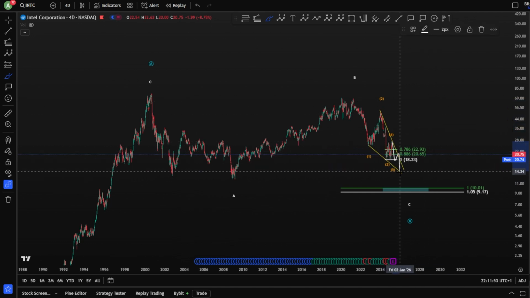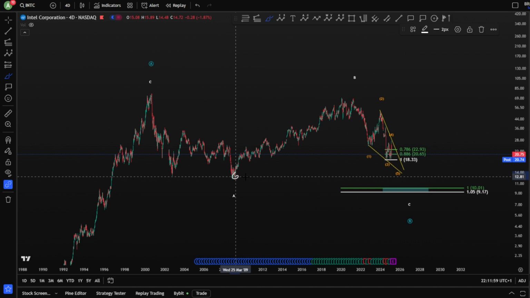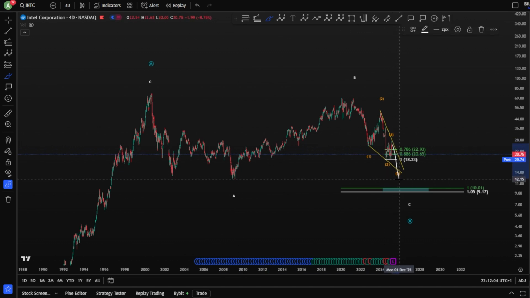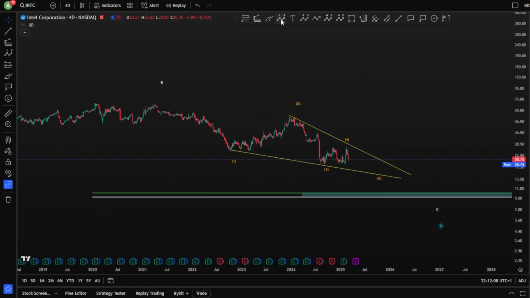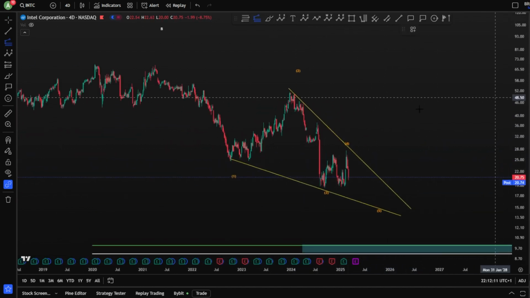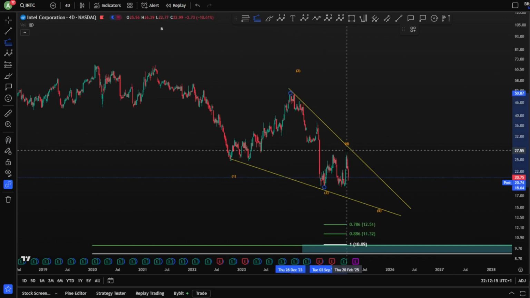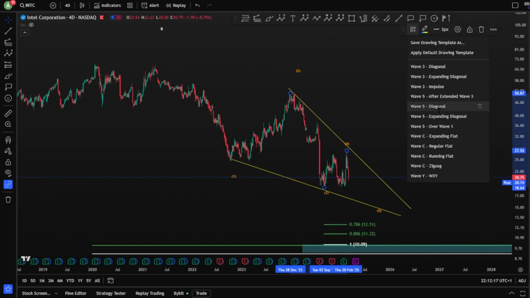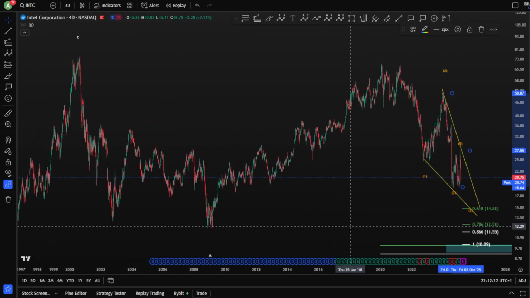So what we would like to see now is a zigzag for a wave 5 simply to be finished there, potentially taking the low, potentially not. But if it takes the low, it is possible, by the way. Let's say this is a wave 4. Let's take the fibs as well here to see how deep this wave 5 can reach.